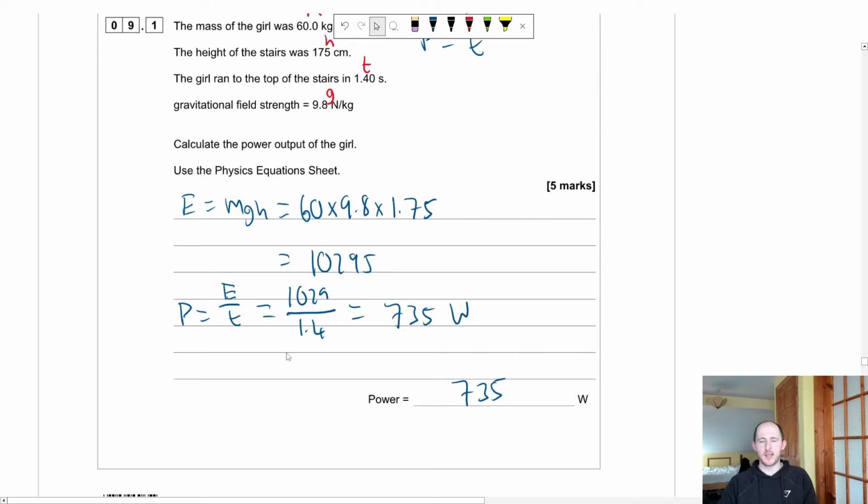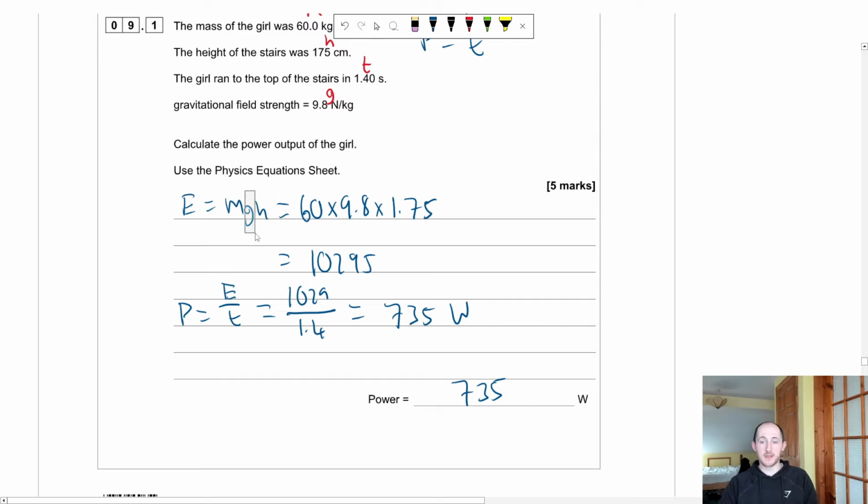So that's interesting. The only way for that to happen is if this number got bigger, it means the energy also got bigger. Well, what does energy depend on? It depends on the mass, the gravitational field strength, and the height. Now, because it's the same flight of stairs, the height was the same, so that can't be what got bigger.